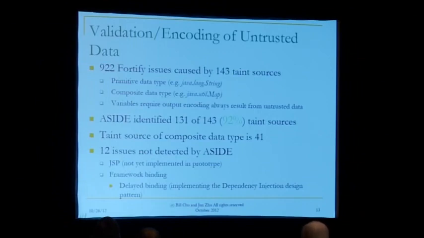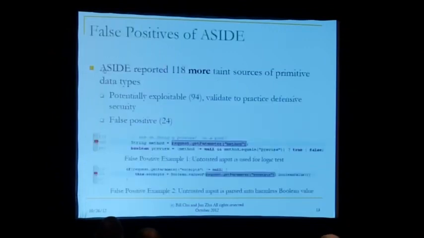There's no reason why we couldn't; it's a research prototype. There are also some Struts structures that we have not implemented. So the ones that are not covered are ones that we could easily extend our prototype to deal with. We also found some things that Fortify didn't recognize as problems, but we found that they were problems.